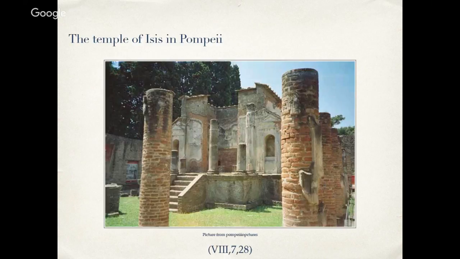And when we produce a 3D model of something, we enter a very long and glorious tradition of reproducing ancient works of art. And I'm just going to show you a few examples from the Temple of Isis in Pompeii.